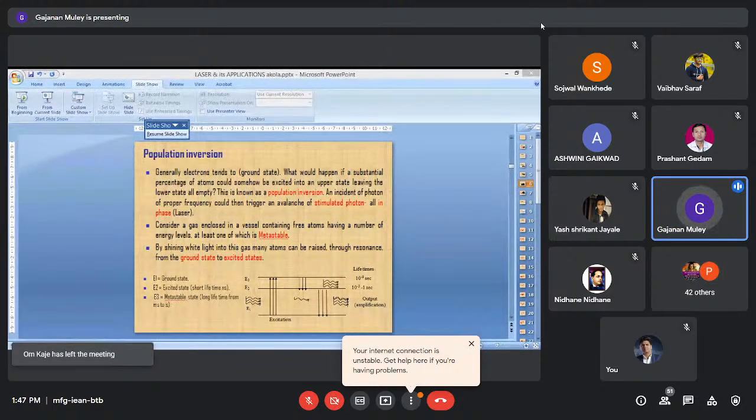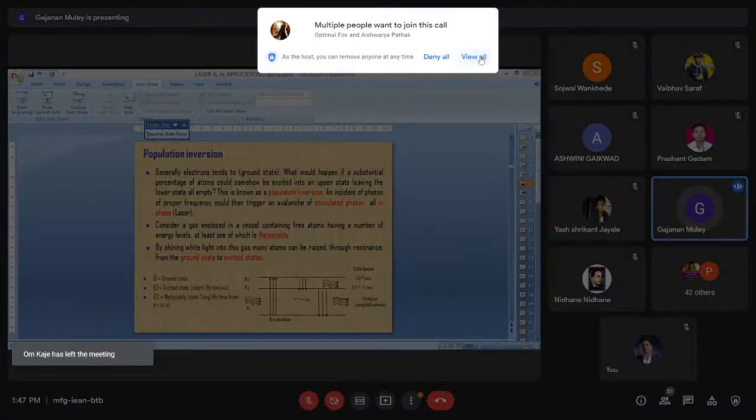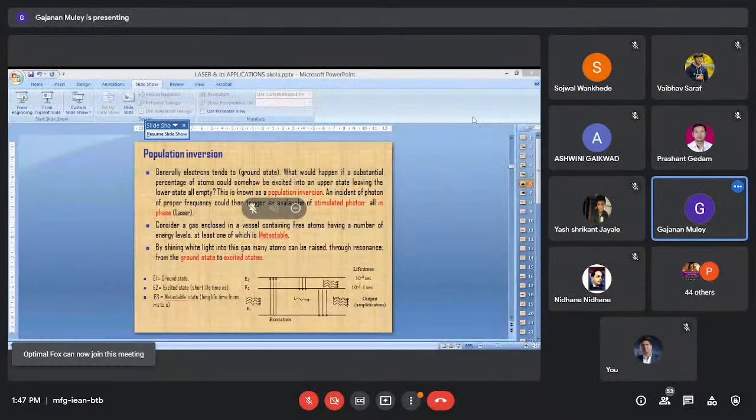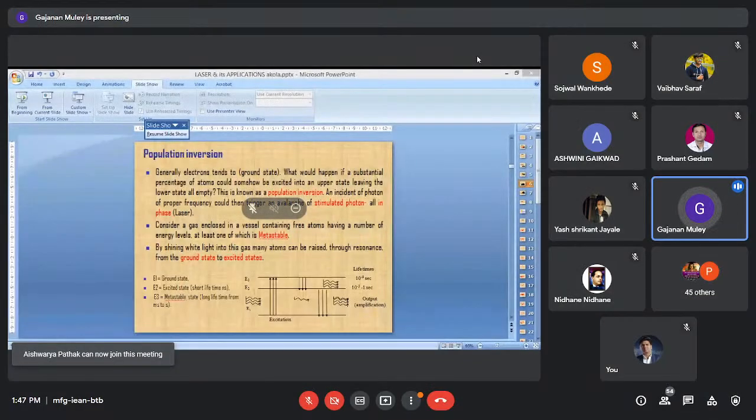E2 has a much longer lifetime compared to the lifetime of an electron in state E3. You will see the lifetime in E3 is 10⁻⁹ second, and in E2 it is 10⁻³ second. So here your electron will reside for a long duration.